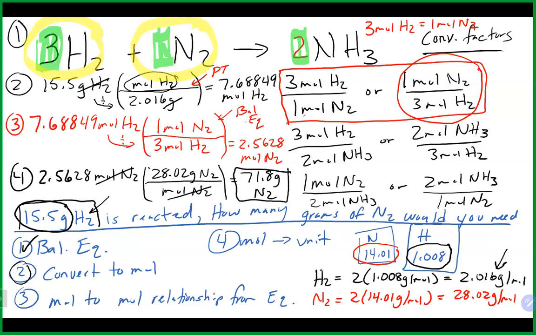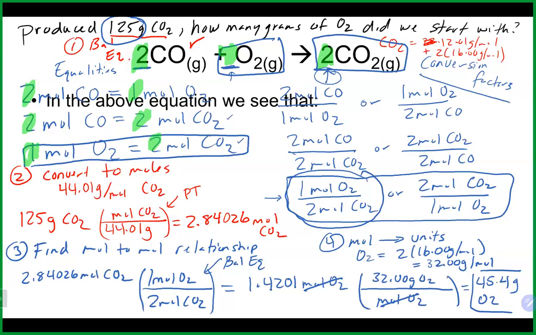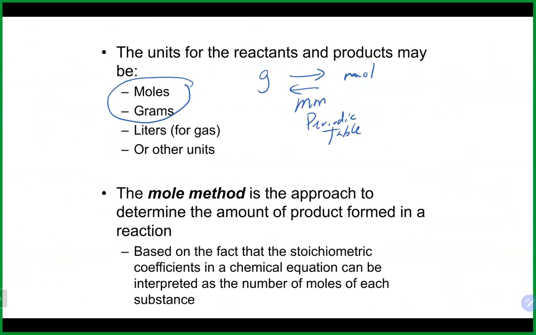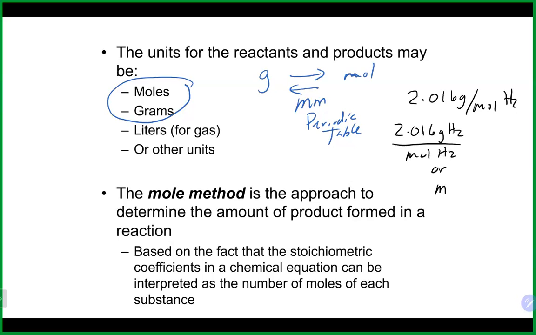Let me go back here somewhere where I haven't scribbled too much today. But when we have something like this as our molar mass that we get from the periodic table for something like H2, we could also use it as a conversion factor. So you could write 2 conversion factors where you put the grams up on top and the moles on the bottom, or you could do it the other way around.